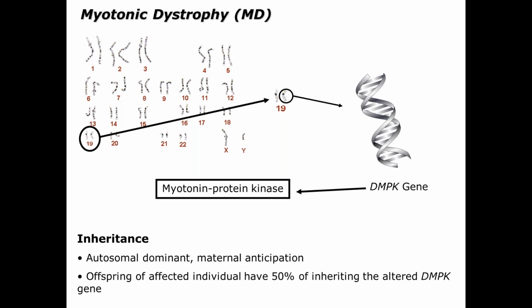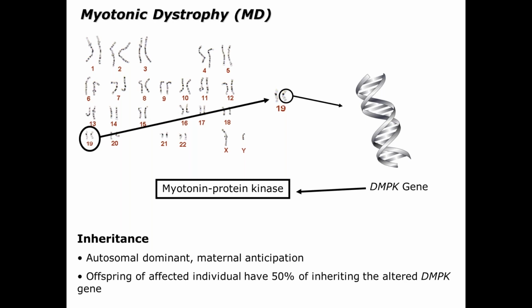We got one copy from our mom, and one copy from our dad. Now, the genetic change that causes myotonic dystrophy is only on one copy of the DMPK gene that you have.